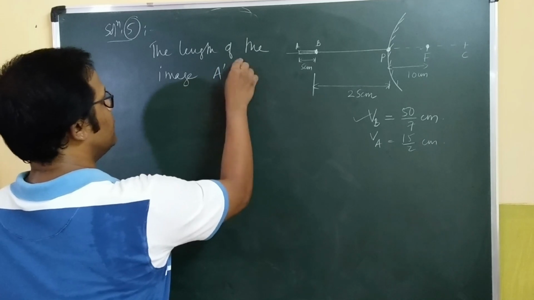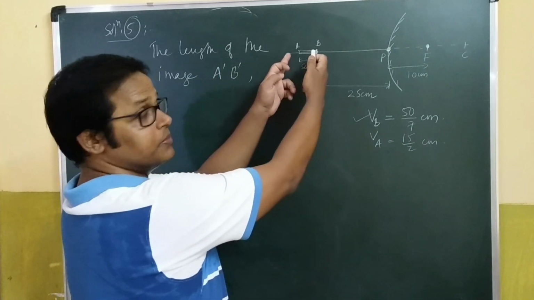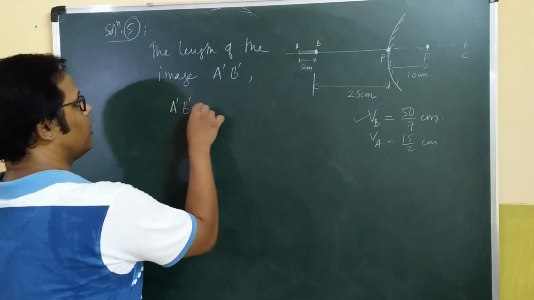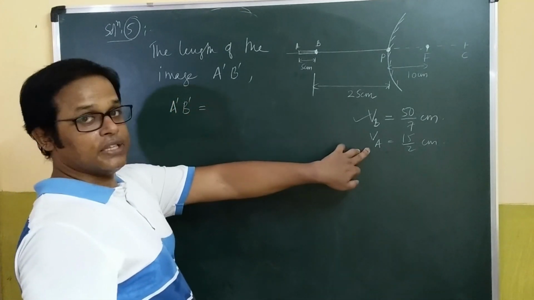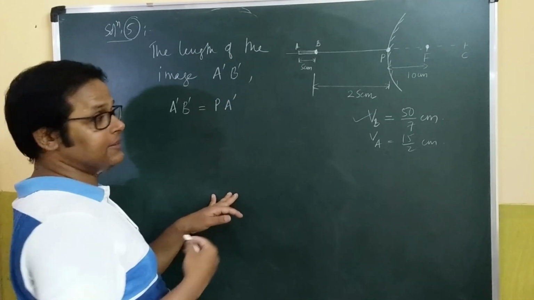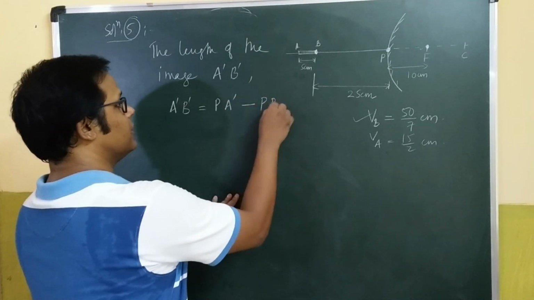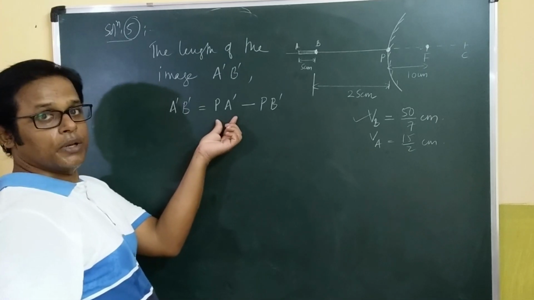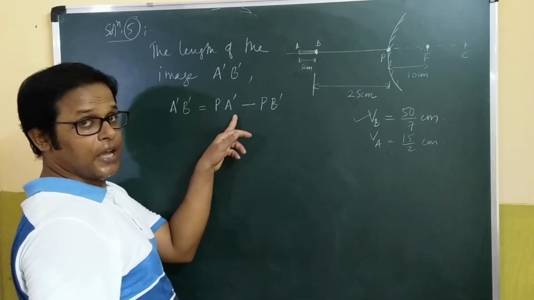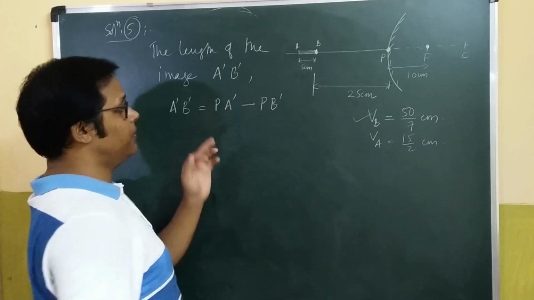I call it here object AB, so I will call the image A prime, B prime. So it should be all about what is the end A from the pole, how far it is, minus how far is the B end. So not to be confused, my dear students, it is the pole to the A prime end, pole to the B prime end.